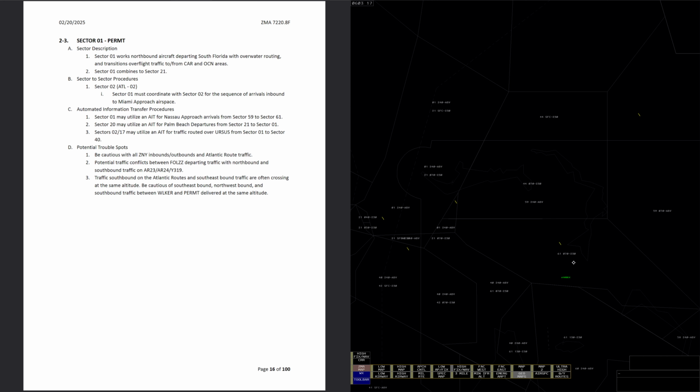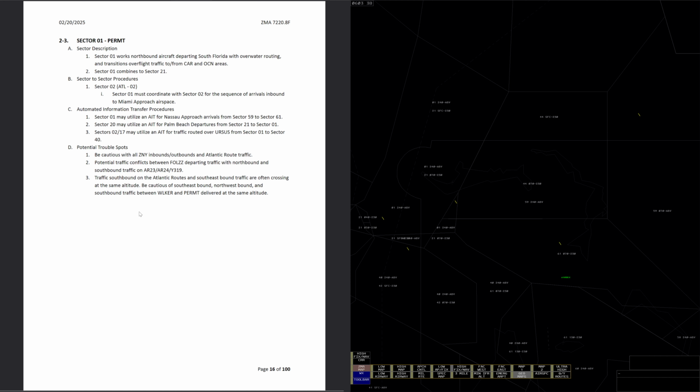Various sectors in the Miami airspace have this procedure, and by implementing this procedure, it saves valuable frequency time and eliminates the need to contact a middle sector that may only work an aircraft for a matter of minutes.